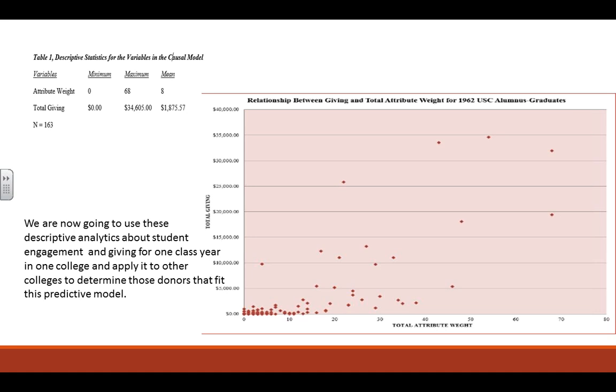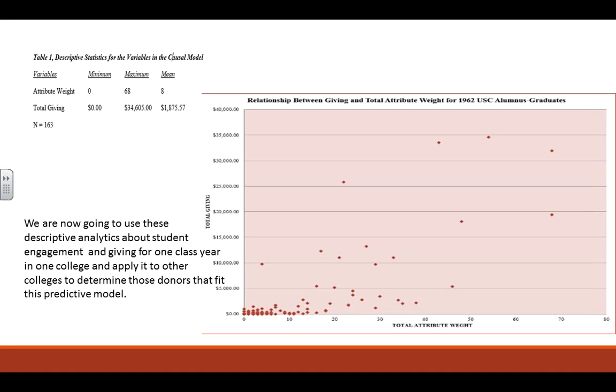This is the distribution of their weights; the more they were engaged, the higher total weighting they obviously had. We actually determined that each additional attribute above 3 resulted in around $346 of additional giving per person. So we tested the model. The model was a fit. It answered the question that we had.